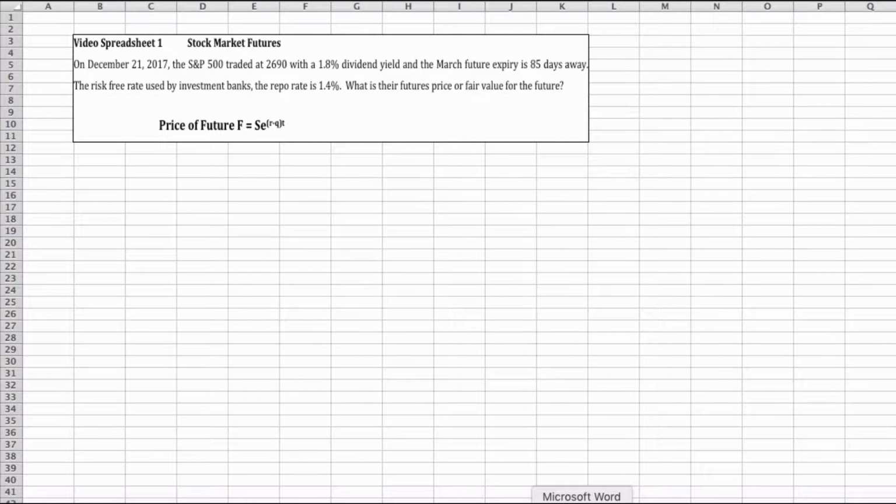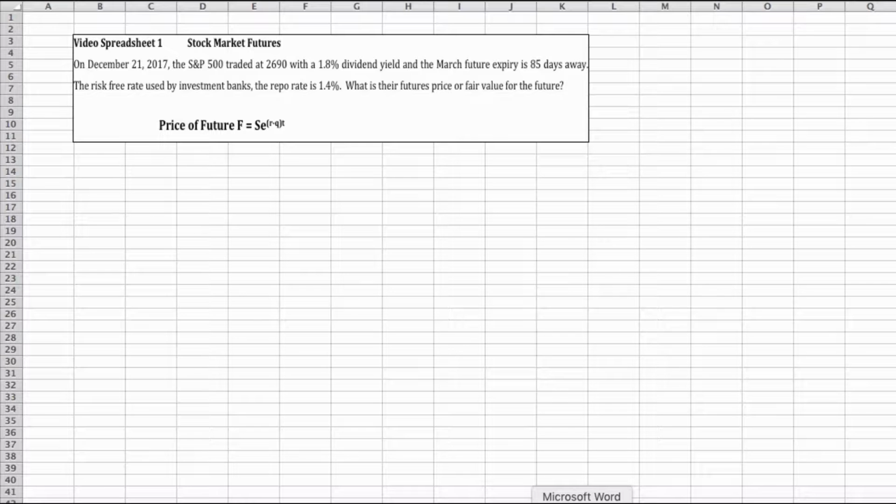Let's take a look at a stock market futures fair value price. It will use the risk-free rate, any dividends paid, and the current price of the market, or the spot price of a stock index.